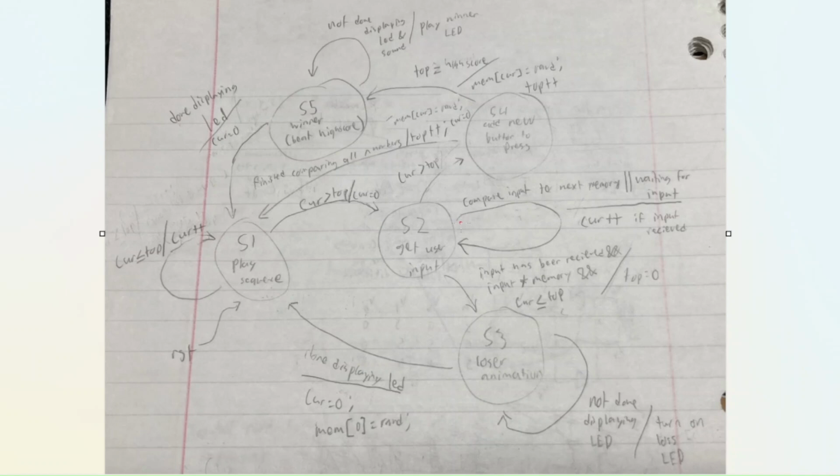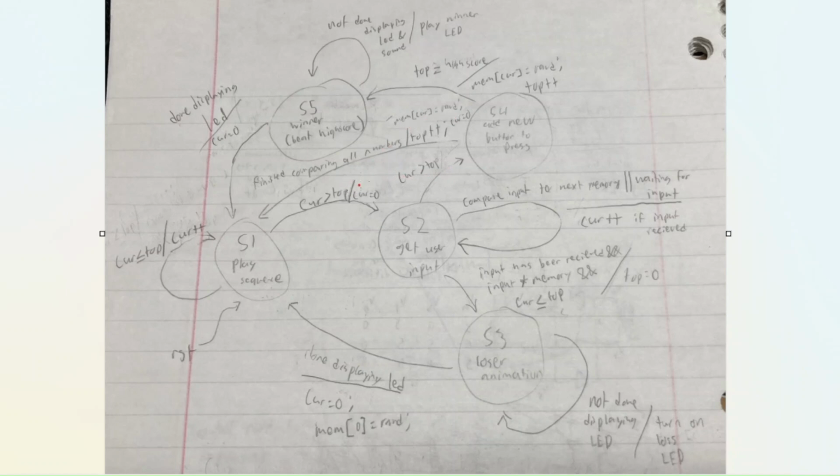If the input doesn't match, then it should transition to S3. S3 resets the memory, turns on the red LEDs, and restarts the game. At S2, if the input sequence matches the correct sequence, the state goes to S4. And at S4, it will add a new move to the sequence and go back to S1.